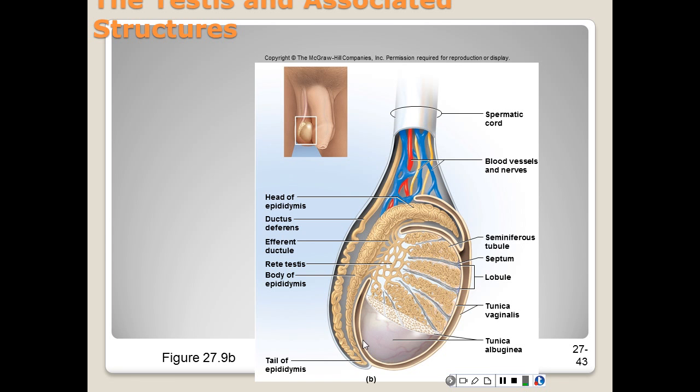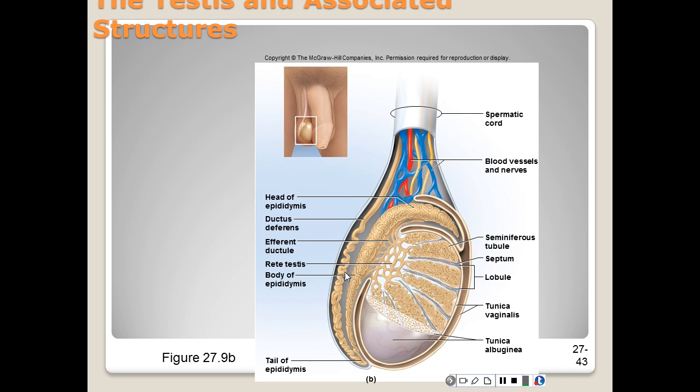This duct is going to reabsorb about 90% of the fluid secreted by the testes. Sperm takes about 20 days to reach the tail of the epididymis, where it is stored. The sperm remains fertile for about 40 to 60 days, and if not ejaculated, they disintegrate and are reabsorbed.